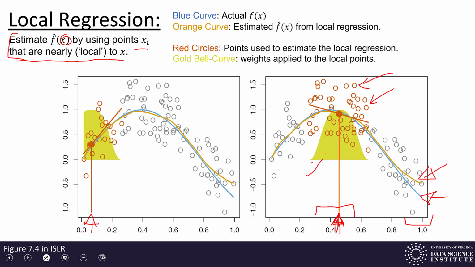This gold bell curve shows us the weights that are going to be put on those data points. So this is a weighted regression, and we're doing a linear regression around that 0.42. That's what this line is telling us. We're taking all those red points and estimating this line, doing a linear regression where the points are weighted by their distance away from 0.42. You can see that in the picture on the right, and in the picture on the left you can see it for a different value of x. And so that's local regression. It has a lot of flexibility, and a tendency to overtrain, particularly if the data is not dense enough.